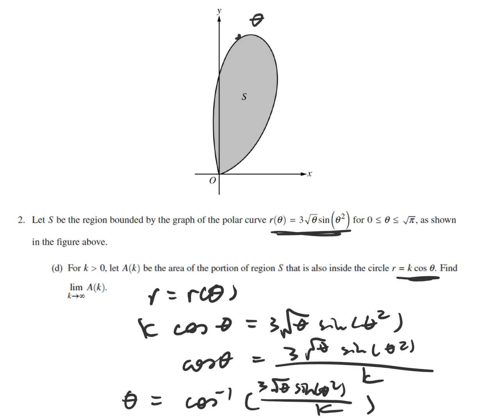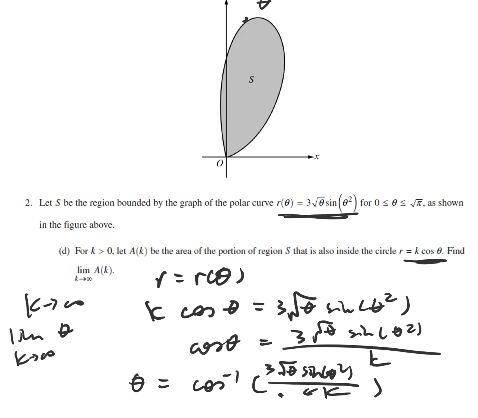So after we come out with this expression for theta, we know that k is going to infinity, so we want the limit of theta as k goes to infinity.